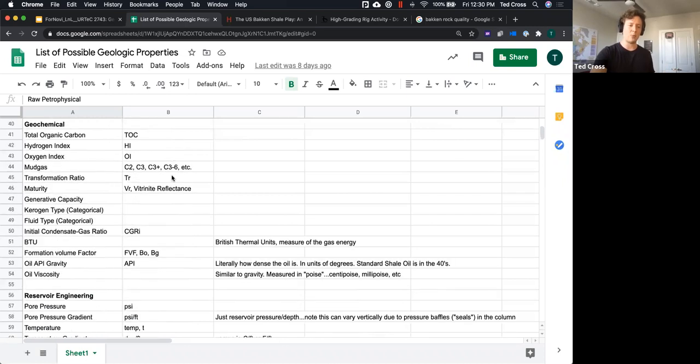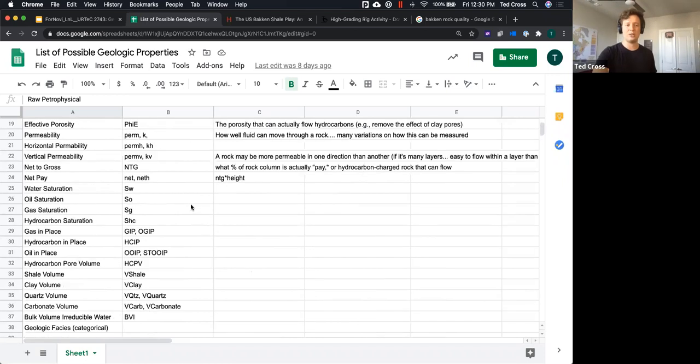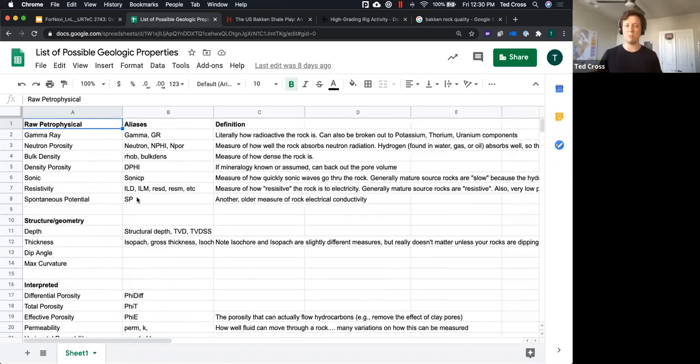I came up with 70 properties that I thought someone could reasonably give to us. There are many more, and often there are derivations you could make, such as the P95 of the gamma ray or the standard deviation of the gamma ray. Pioneer gave us 300 plus geology values that they had extracted to their well bores. So the number of possible geologic properties, that feature space, is almost endless.